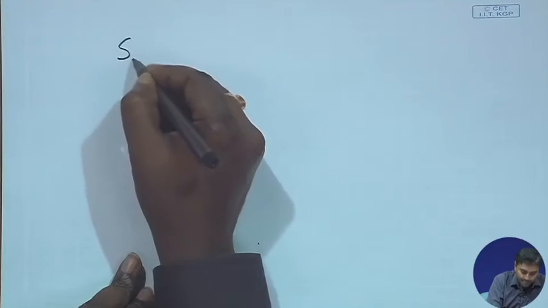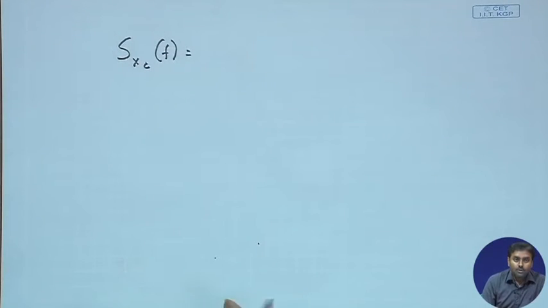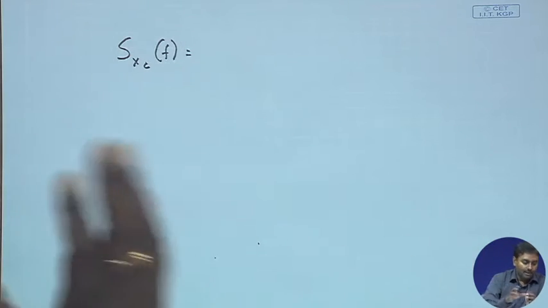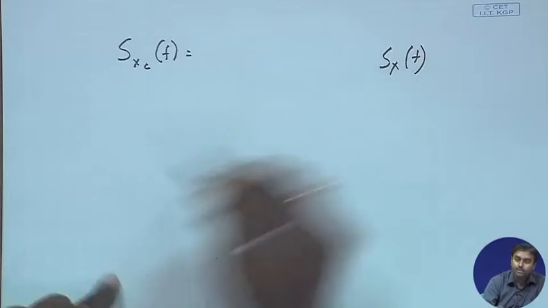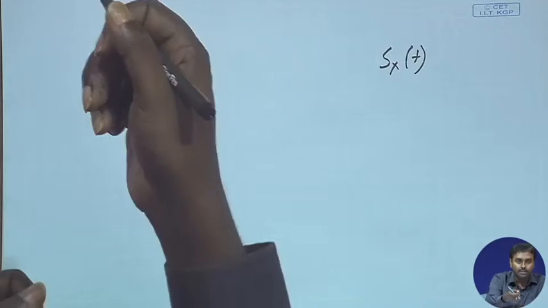So, I can write Sxcf, which will be just this: suppose Sxf is known, that is for the xt I know its average power spectral density. So, this should be multiplied by 2 cos omega ct.